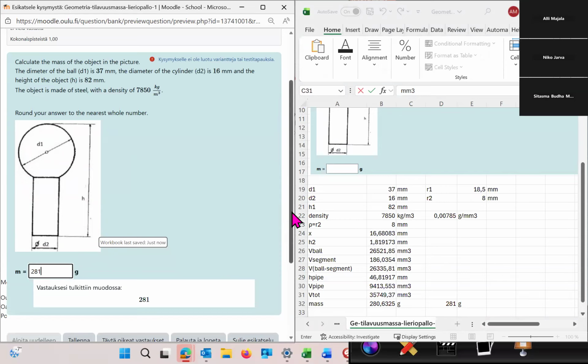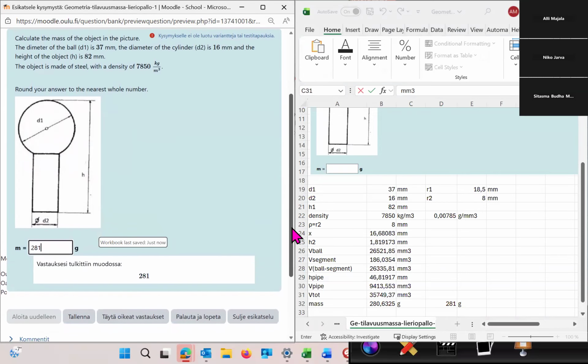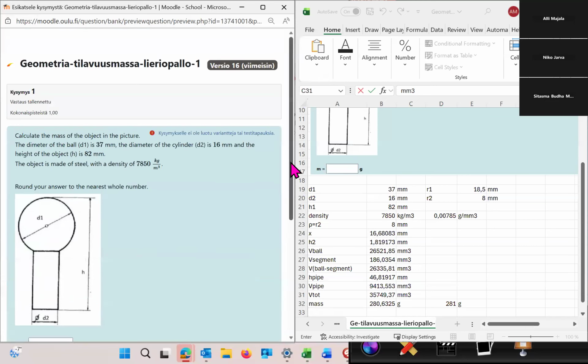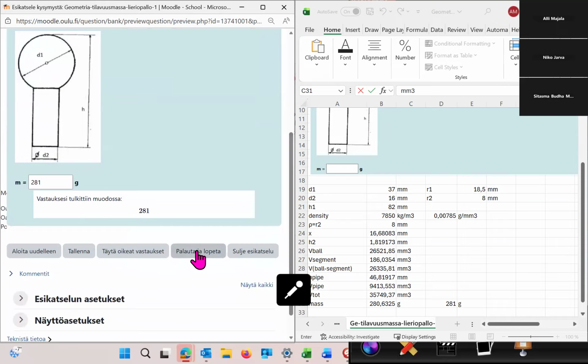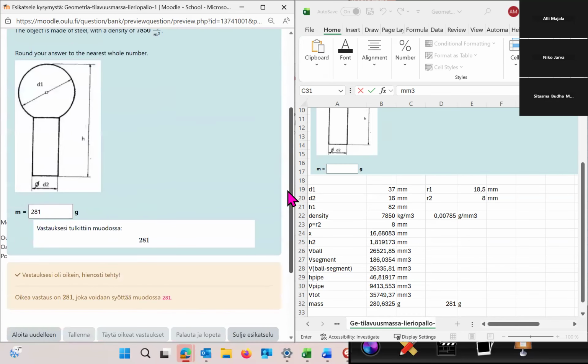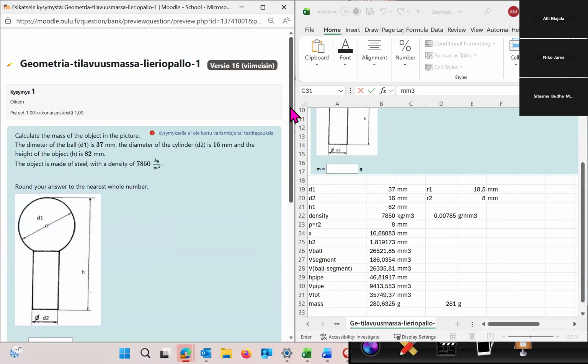Yes, everything should be with the correct numbers now. And then I just say that A is correct. But yeah, this is in Finnish now. Sorry about that. It's correct now. Yes, so this calculates correctly.